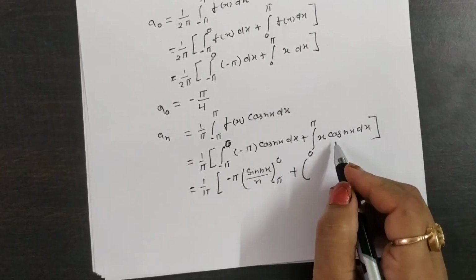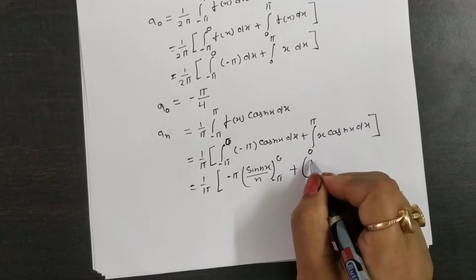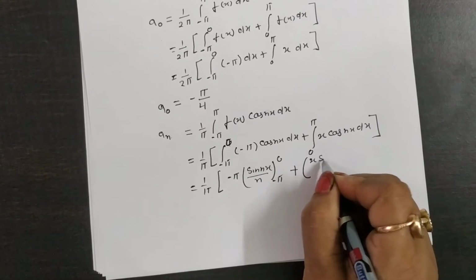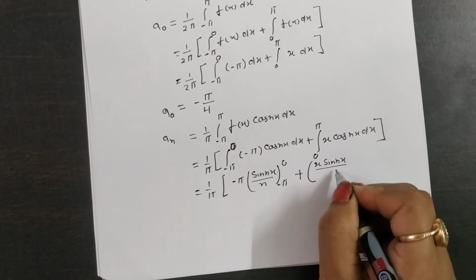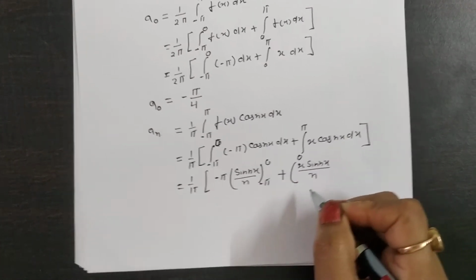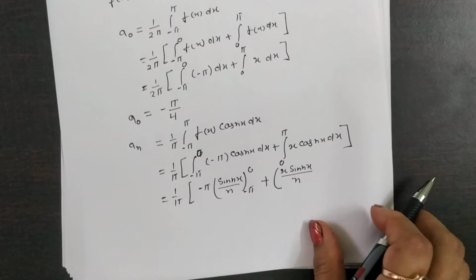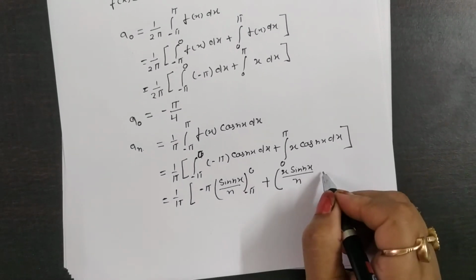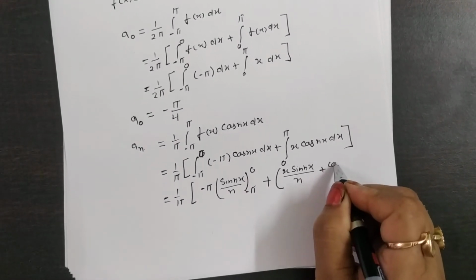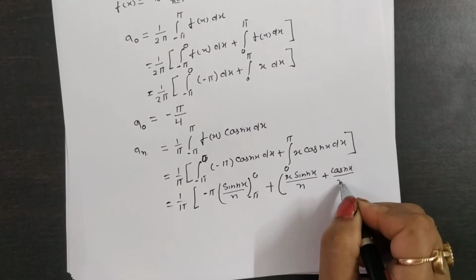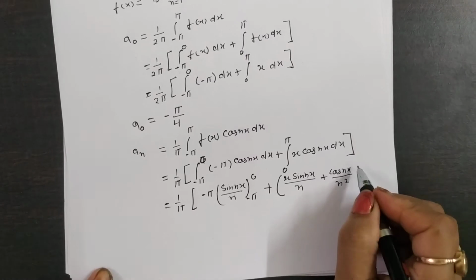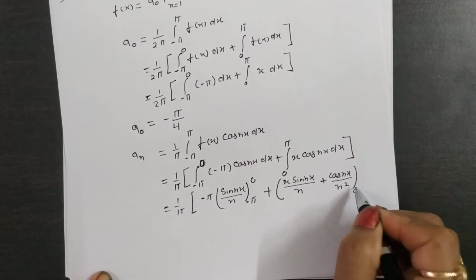You can also integrate this term: x sin nx divided by n, plus, integrating two times, you get plus cos nx divided by n square, taking the limit from 0 to pi.